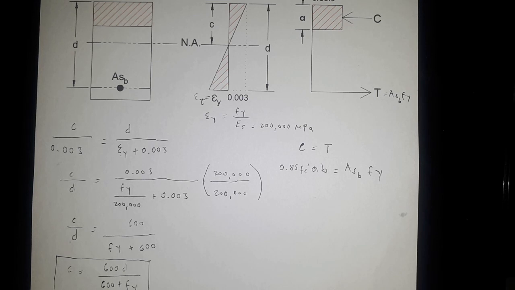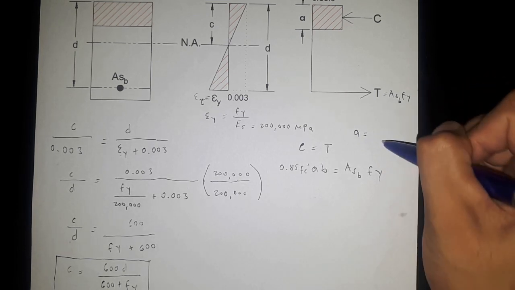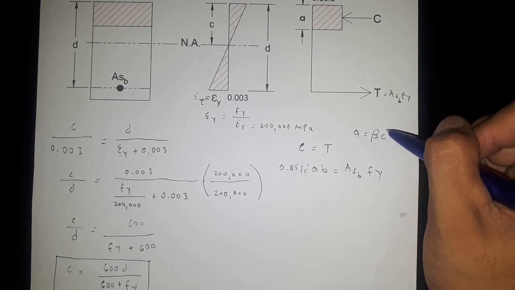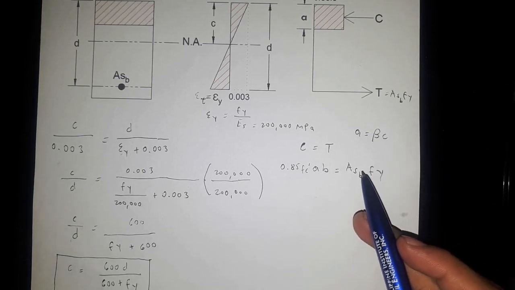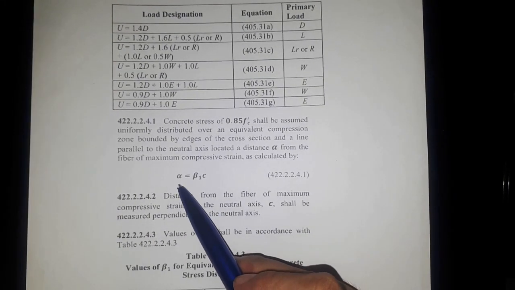So, yung A natin is equal to beta C. So, beta factor multiplied by C. So, galing yan dun sa same lang yan sa mga previous NSCP. So, galing yan dito.